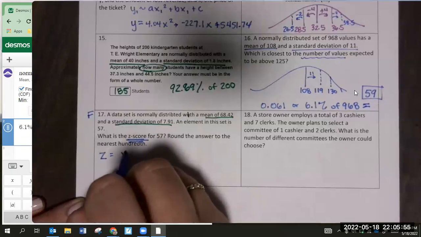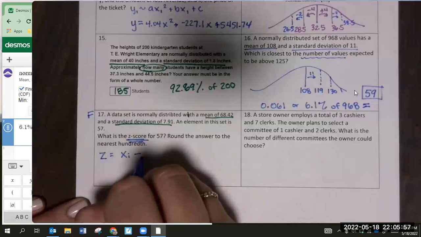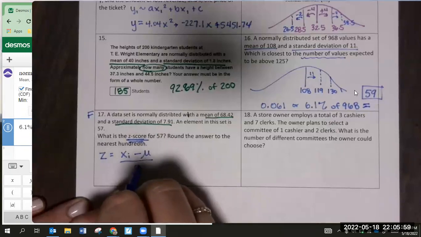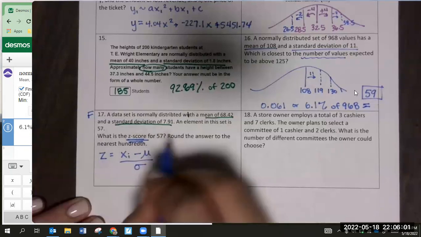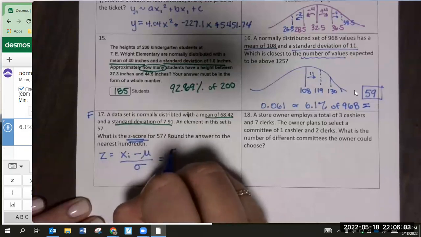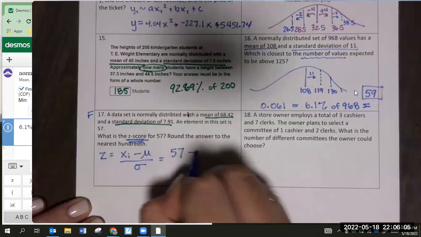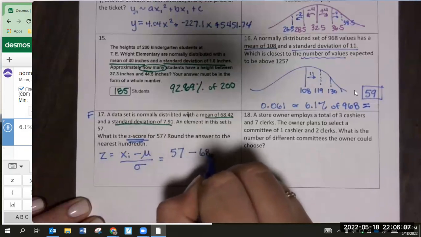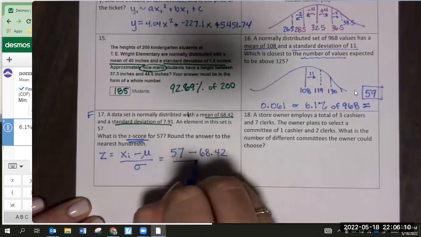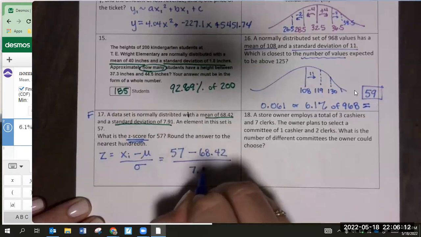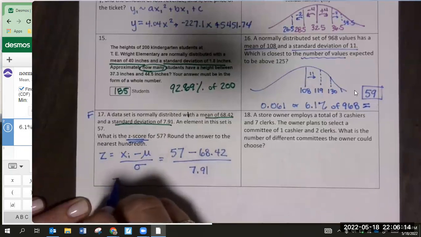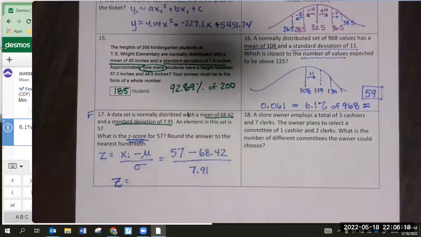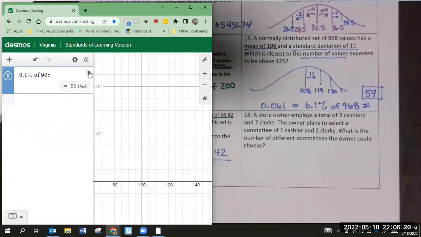It is to take that data element, subtract the mean, and then divide by your standard deviation. Well, what's my data element? It's 57. What's my mean? It's 68.42. And what was my standard deviation? It was 7.91.